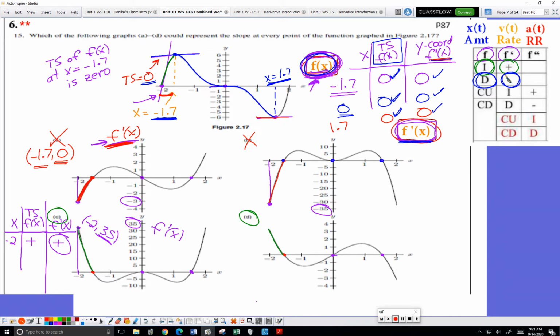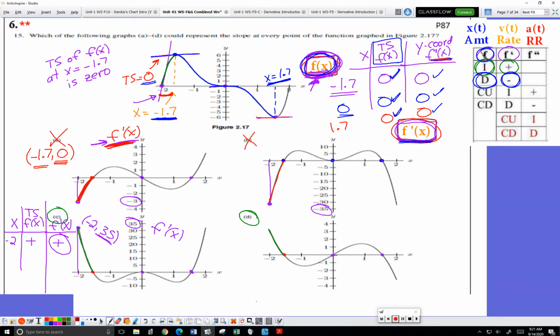It's all about understanding that f prime is the derivative of f. That means f prime comes from f. So I'm paying attention to characteristics of f, and I'm trying to find an f prime graph that has the appropriate matching characteristic.